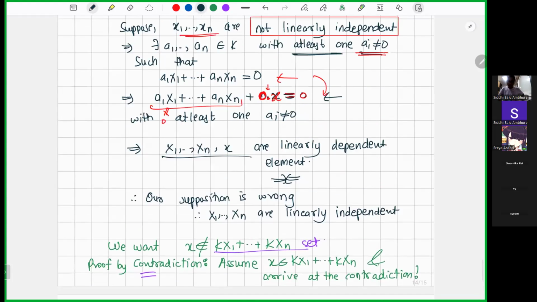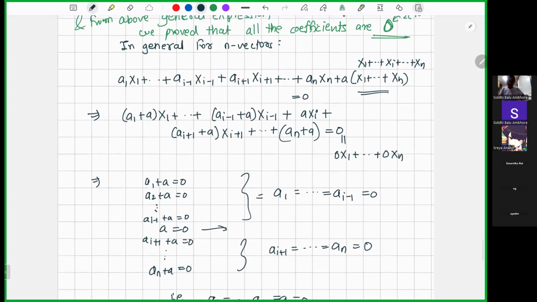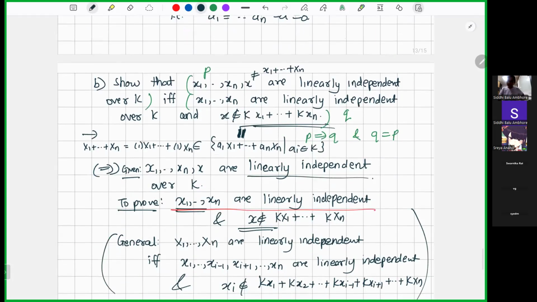Okay, so now we will just prove, we are over time, the other implication. We have to do the same thing. We will just assume the linear combination, and we will take two cases: when the coefficient of x is 0 and when the coefficient of x is non-zero. If the coefficient of x is non-zero, in that case this will happen, and I can say that it is linearly independent.